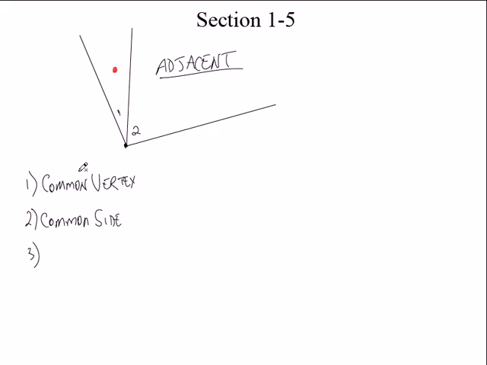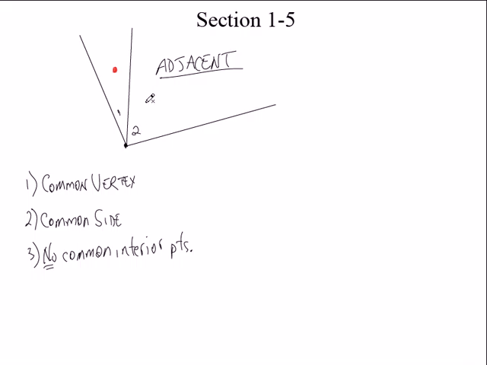No, you can't. So what we say here is, in order to be adjacent, you can have no common interior points. This is the hardest one for people to understand, but hopefully you will. It means there's no common interior points.